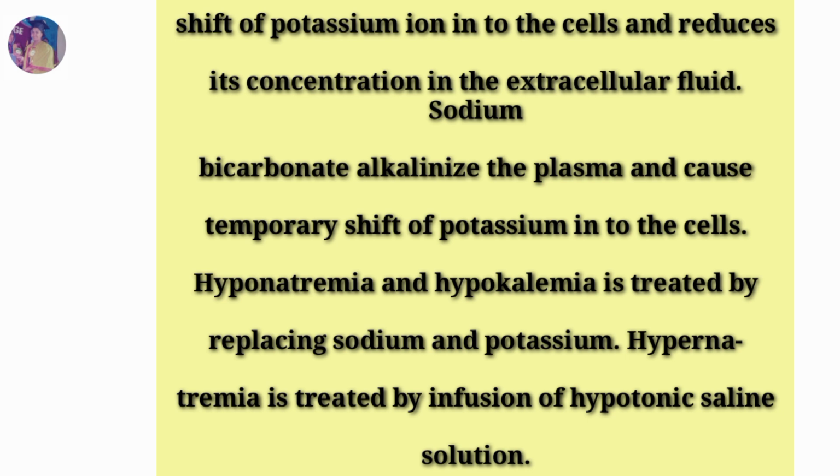Sodium bicarbonate alkalinizes the plasma and causes a temporary shift of potassium into the cells. Hyponatremia and hypokalemia are treated by replacing sodium and potassium. Hypernatremia is treated by infusion of hypotonic saline solution.